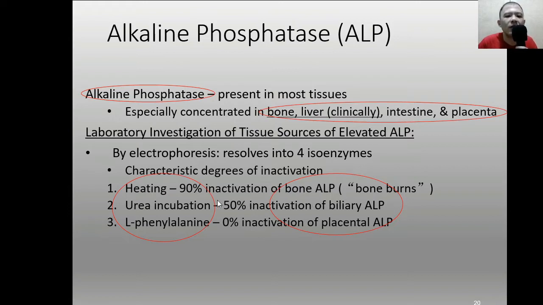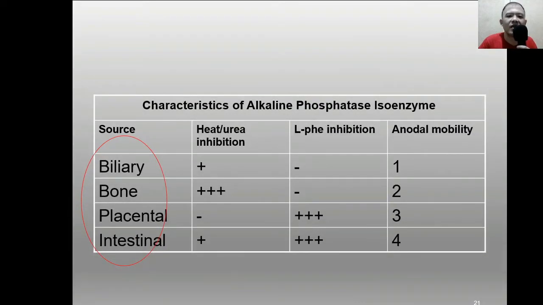Through urea incubation, we distinguish the biliary ALP. Through addition of the amino acid phenylalanine, we distinguish the placental ALP. So biliary, bone, placental, and intestinal.